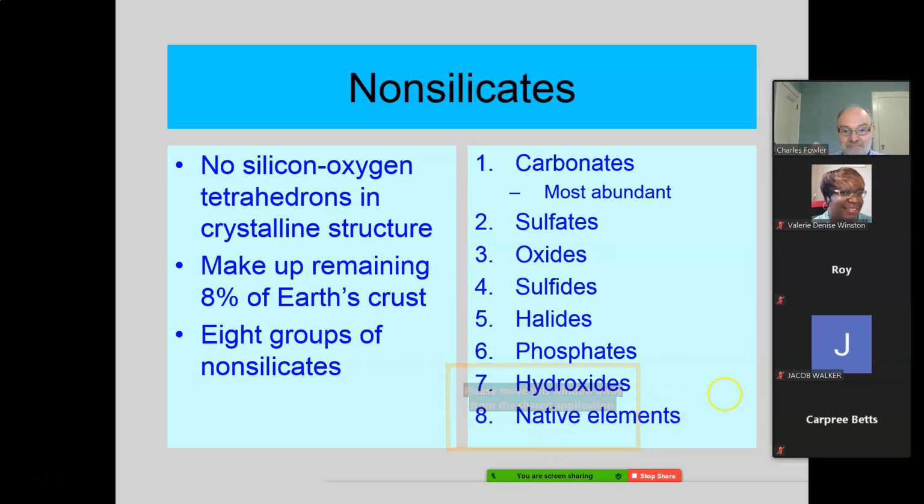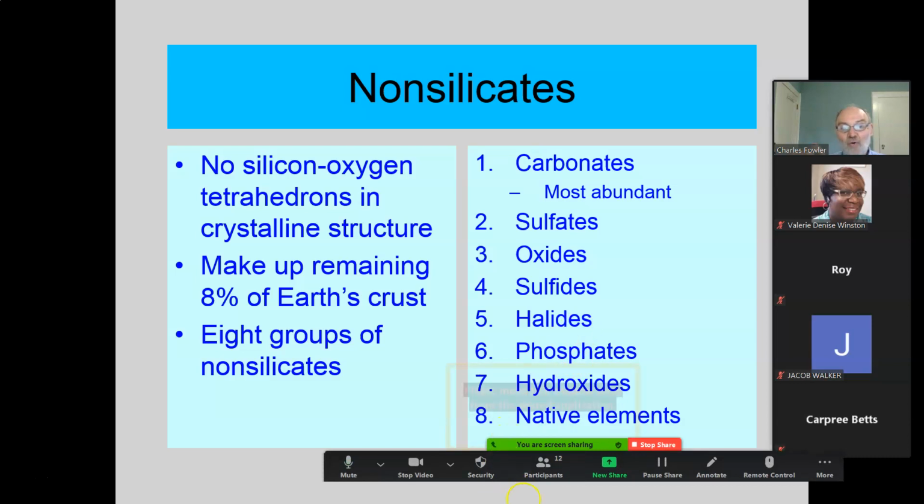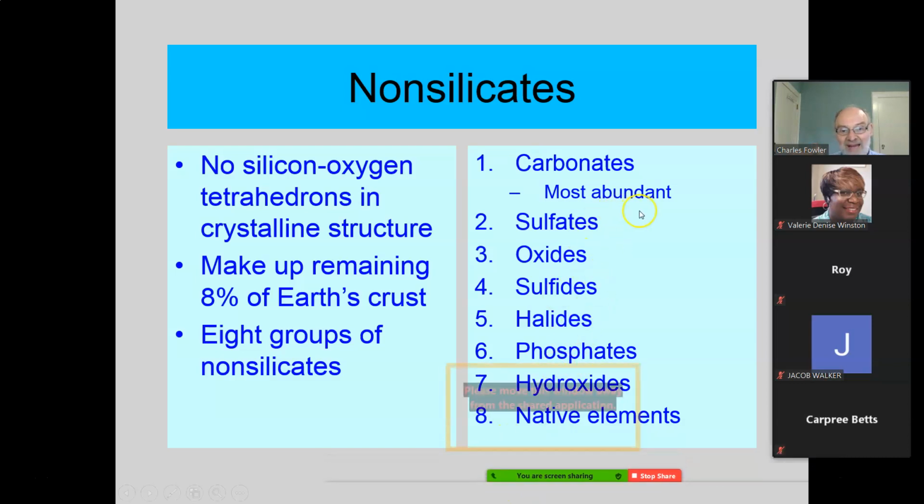Hydroxides are things combined with an OH anion. Hydrogen. Sodium hydroxide, potassium hydroxide, aluminum hydroxide. There's a variety of those. That's an OH molecule or ion at the end.